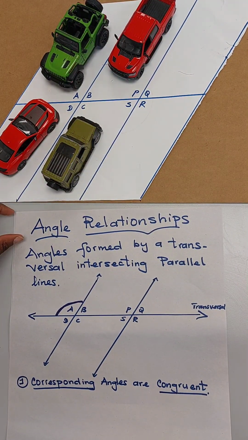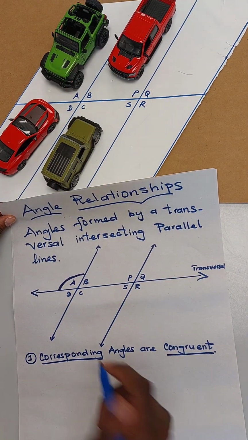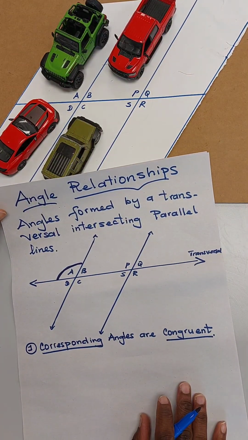So corresponding angles are congruent. That means the angles here that correspond to angles here will have the same measures.